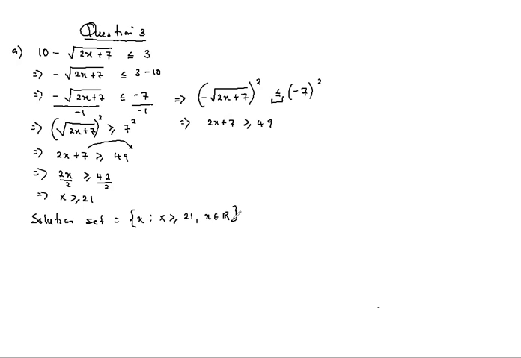Sir, I have a question. Please ask. Why didn't we try to find the radicand in this situation? Why didn't we try to find the what? The radicand. They usually equate the part under the root equal to 0.